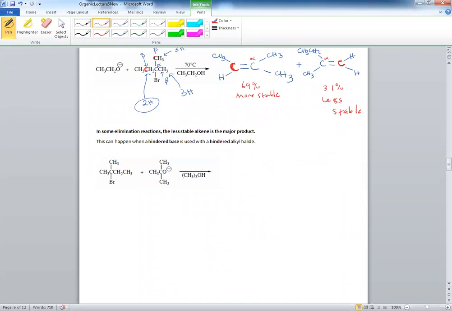And if you look at these two, this is your alkyl halide right here. It's a tertiary alkyl halide.